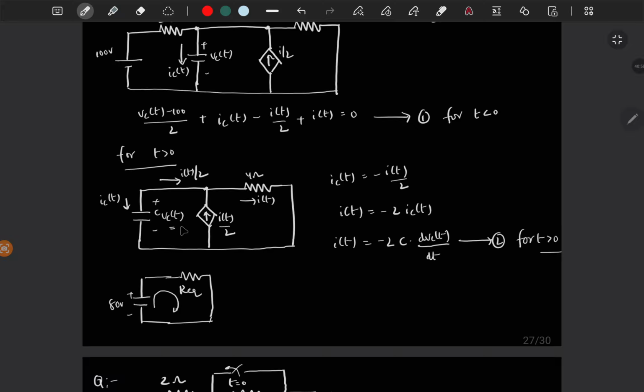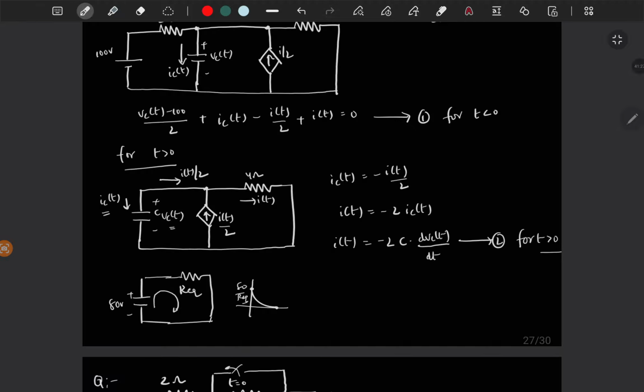That is how this circuit is working. But why IC of t is in this direction? This is discharging in this direction, right? Which means in this direction I should get I of t like this. Finally I of t will go to 0. Initially it is 80 by R equivalent. So but why am I taking in this direction?